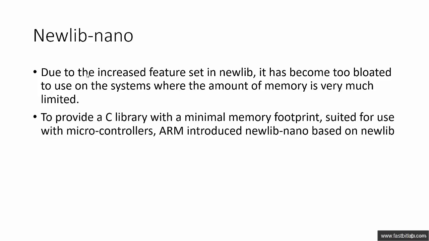NewLib Nano is again a reduced feature version of NewLib. For example, NewLib Nano doesn't support the float data type by default. For that, you have to pass some extra compiler arguments. In this exercise, I will be using NewLib Nano.